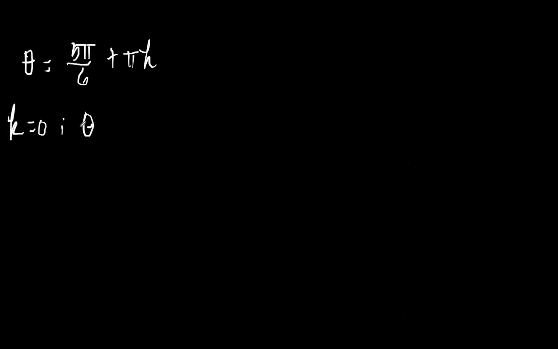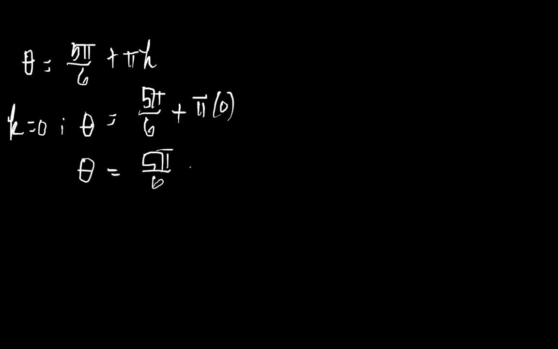So theta is 5 pi over 6 plus pi times 0, and this is equal to 5 pi over 6. And this value of theta is less than 2 pi but greater than or equal to 0. So it satisfies the given condition.